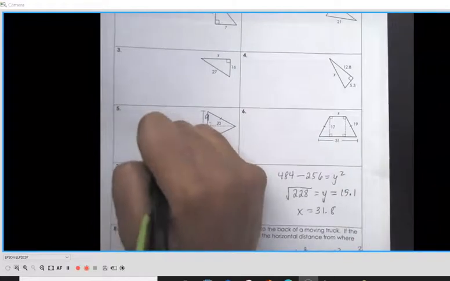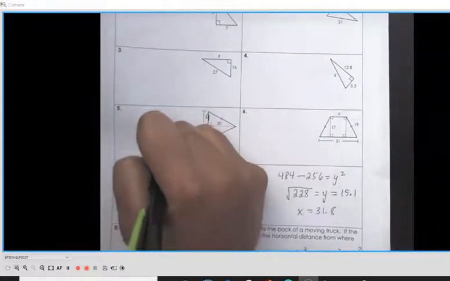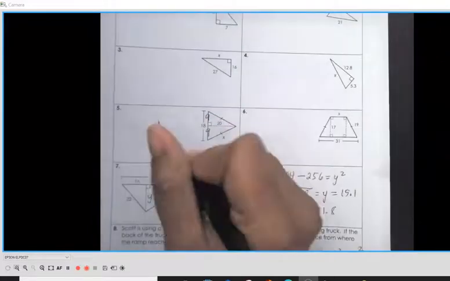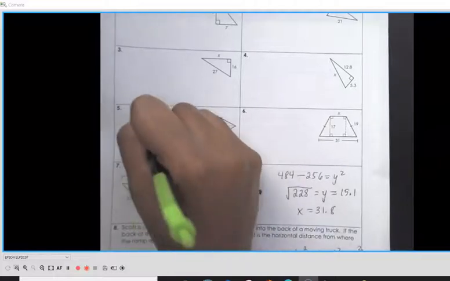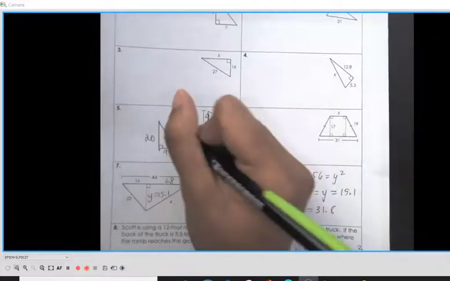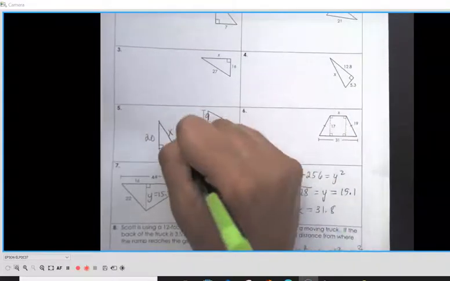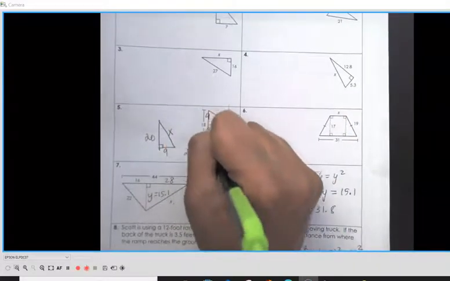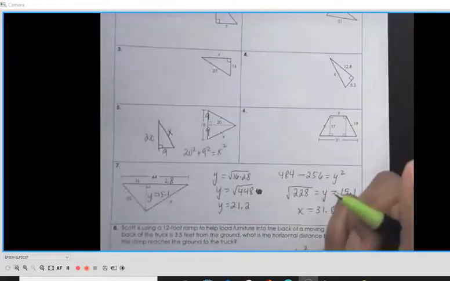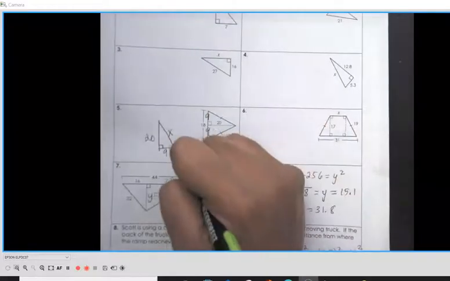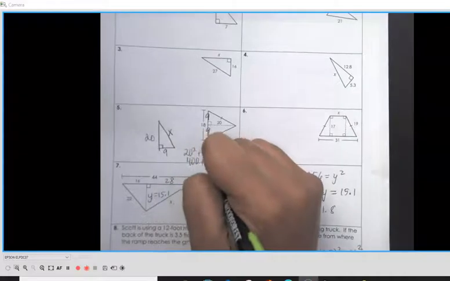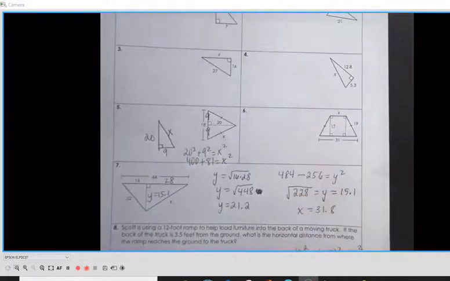So now when I draw just a piece of the right triangle, remember this is the Pythagorean Theorem. So this is 9, this is 20, and I'm looking for the x, which is the hypotenuse. So I'm just going to say 20 squared plus 9 squared equals x squared. 20 squared is 400. 9 squared is 81. And then I have x squared.